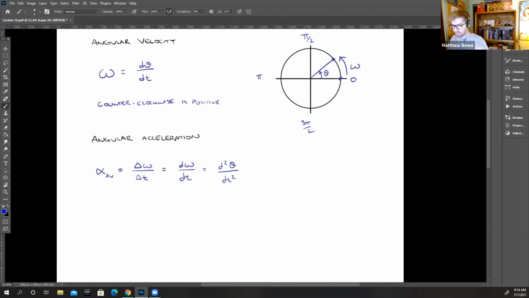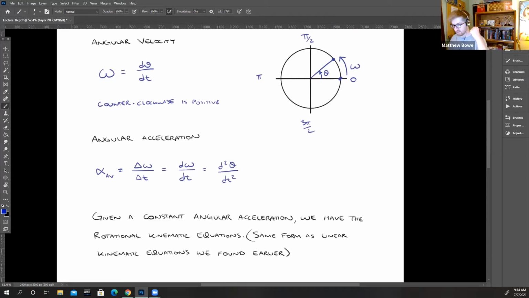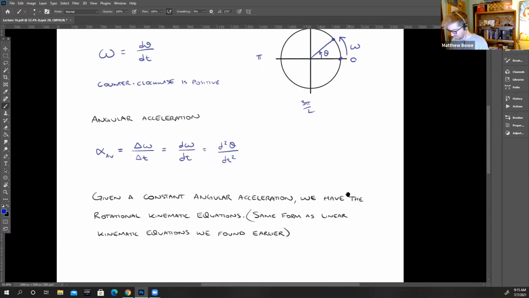Now, given a constant angular acceleration, something has a constant angular acceleration, so it's constantly getting faster and faster as it spins. We have the rotational kinematic equations. Let me back up. It doesn't always have to be getting faster and faster.